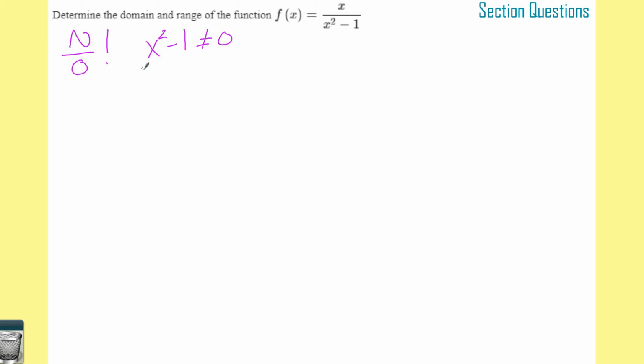Okay, so that means x squared can't equal 1, which means x can't equal plus or minus 1. Other than that, I can divide any number by any other number. So my domain is x cannot equal 1 or negative 1, or plus or minus 1. Either way, I'll take it.